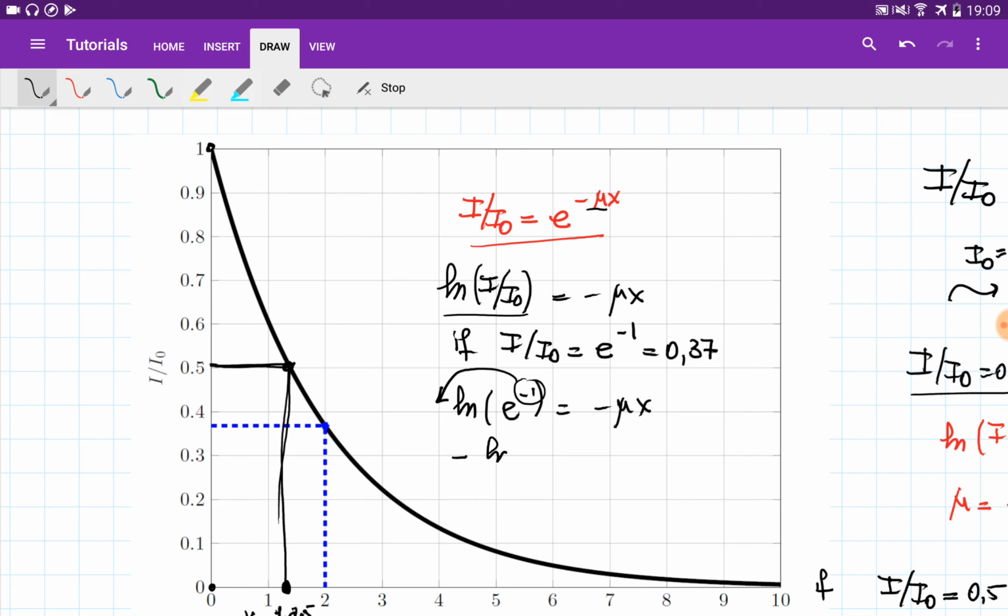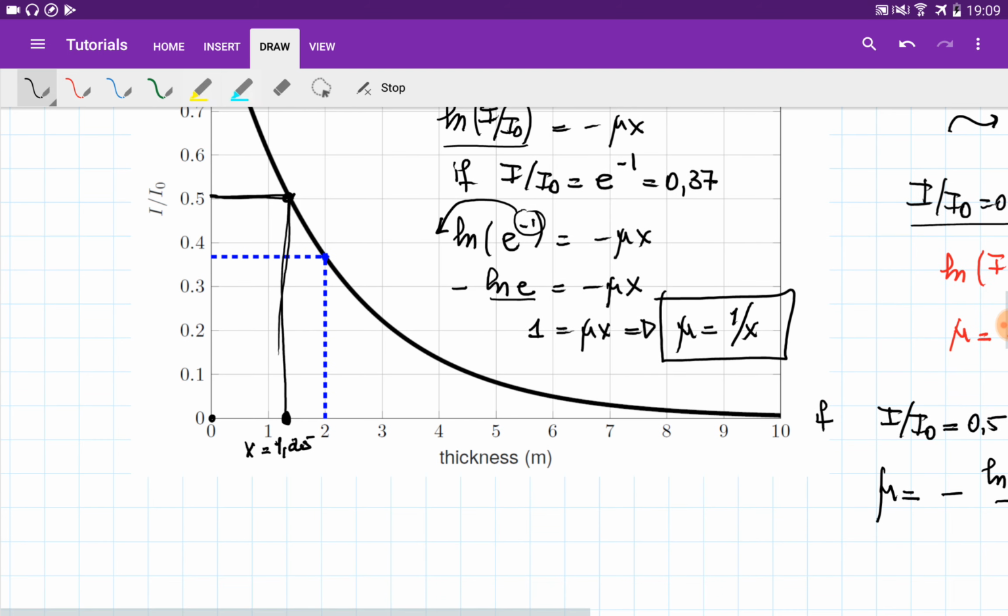It's going to be minus ln of e is equal to minus mu x. The minus and minus are going to cancel. Ln of e is equal to 1. Then I can find that 1 is equal to mu x, or simply mu is equal to 1 over x. So if I know the x when the current intensity is 37% of the initial one, then I can find the attenuation coefficient by just taking its reciprocal.